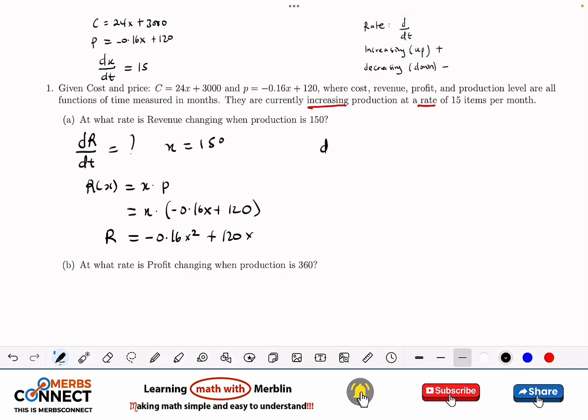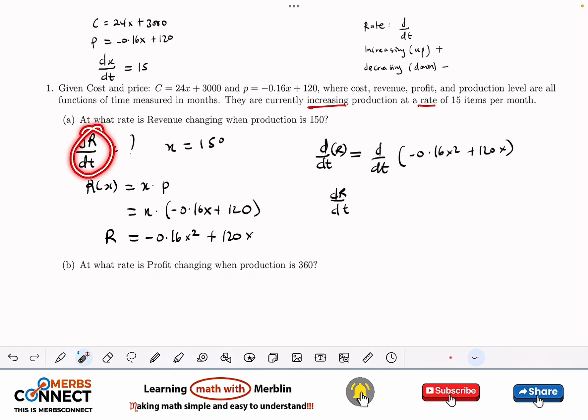So I'm going to have d over dt on the left, which is R, which is equal to d over dt on the right, which is d over dt of minus 0.16x squared plus 120x. So when I differentiate R, so let me put this one in parentheses, when I differentiate R with respect to t, I'll get dR over dt, which is what we are looking for. Then now I differentiate this with respect to t. So don't forget here we are going with respect to t.